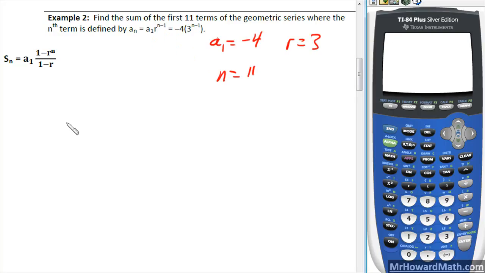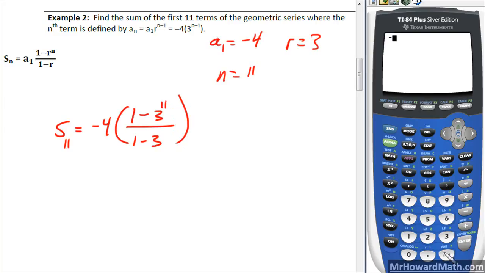So we just fill in the formula, and that sum, s sub 11 in this case, is equal to a sub 1, negative 4, times the quantity 1 minus our common ratio, 3 raised to the 11th power, all over 1 subtract 3.